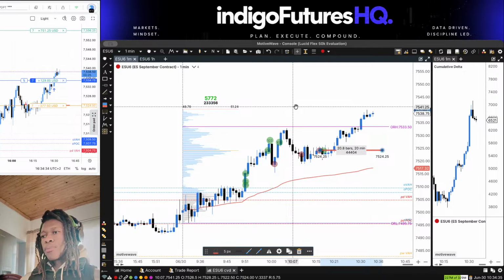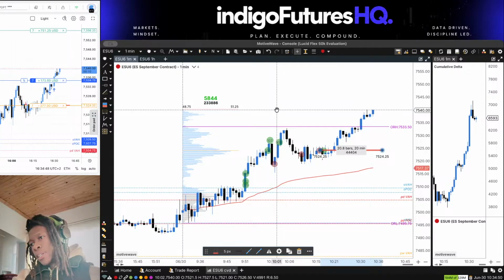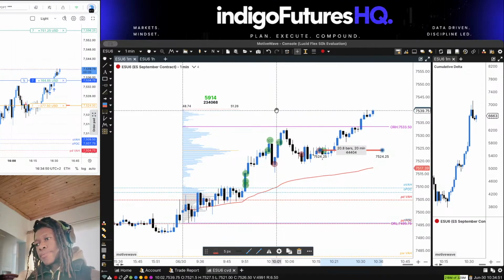Is it picking up or is it drying up? 542.5, that's our value area high. Can we break above that?